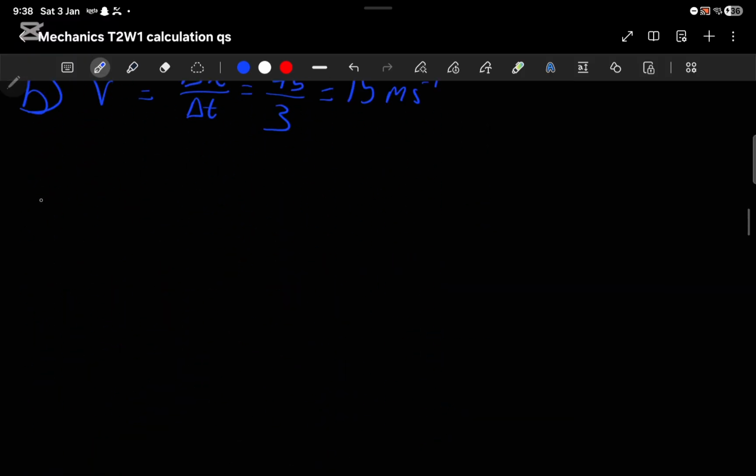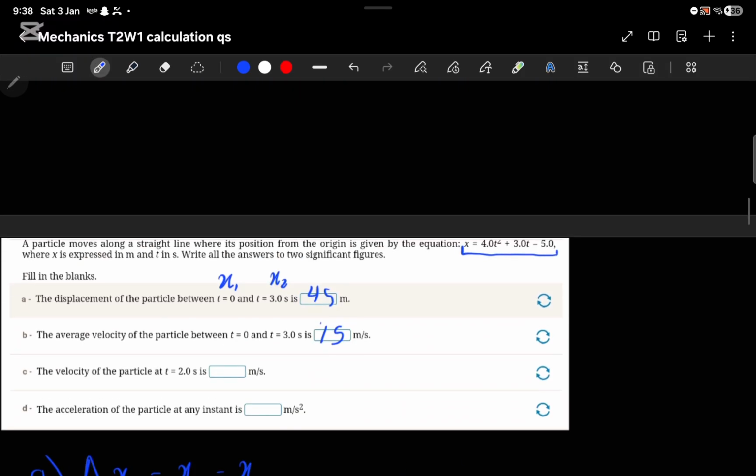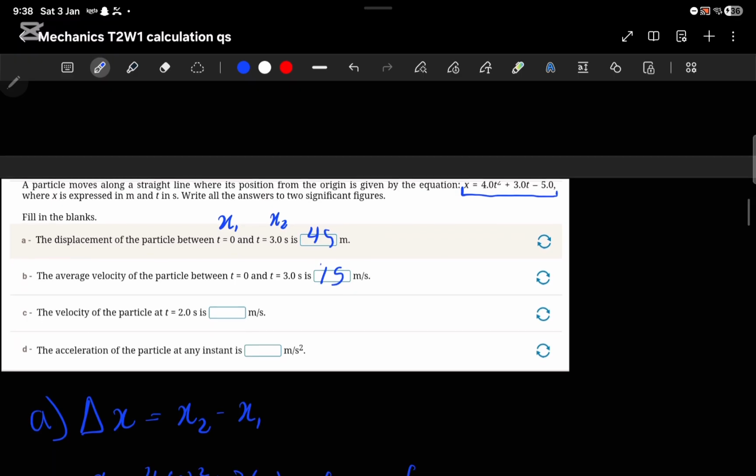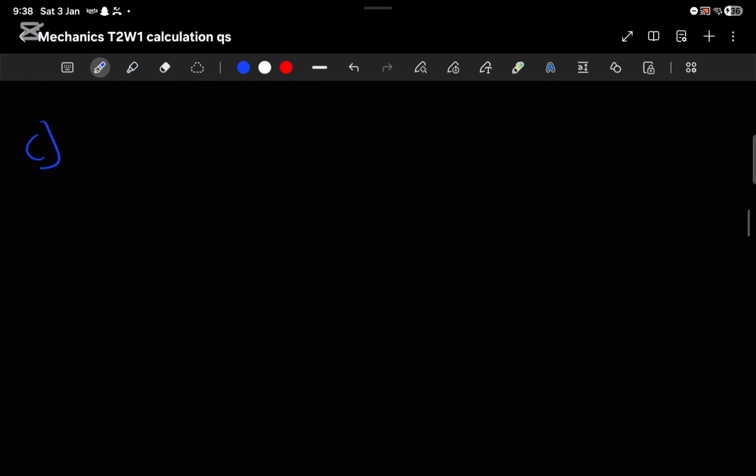Okay, the velocity of the particle at t equals 2 seconds is, now, to find instantaneous velocity, not average, you take the derivative of the displacement. Remember the three ones: you have x of t. To get to v of t, you derive, d by dt.